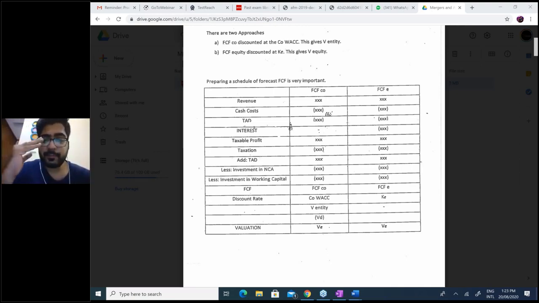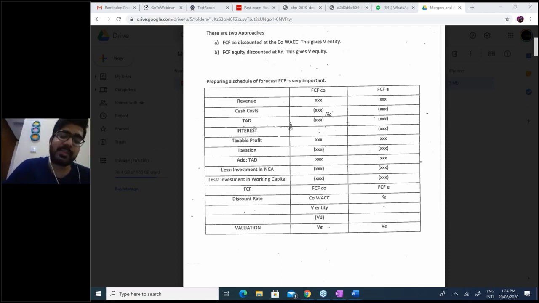You are worried which method to apply. It's very easy. If WACC is given, you can't apply FCF to equity. You have to apply FCF to company. Okay. But if you are given KE, WACC is not given, you can apply FCF to equity only. Okay, so this is the tip. If the question asks FCF to company, easy, use FCF to company.